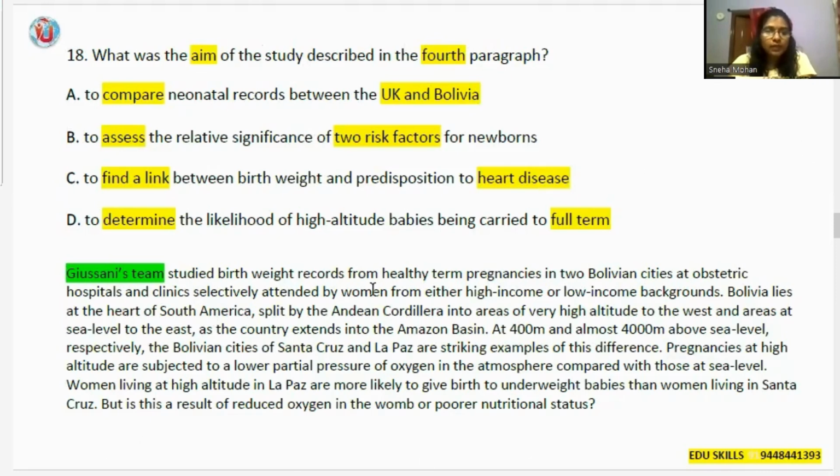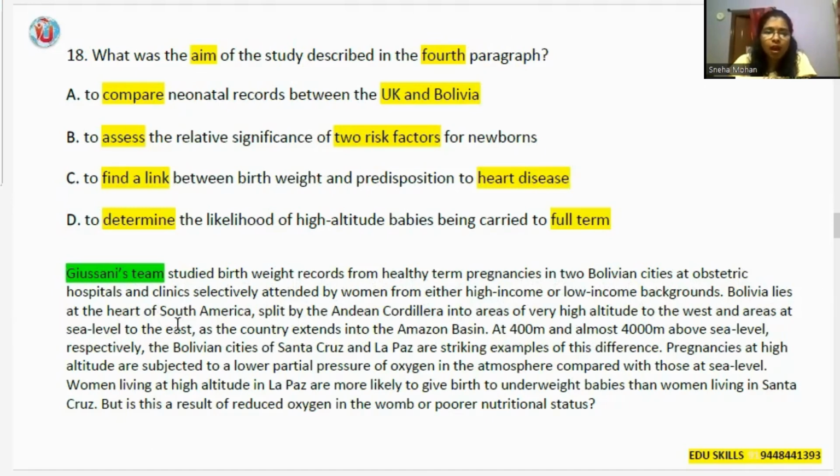Fourth paragraph says, Gisani's team studied birth weight records from healthy term pregnancies in two Bolivian cities at obstetric hospitals and clinics selectively attended by women from either high-income or low-income backgrounds.